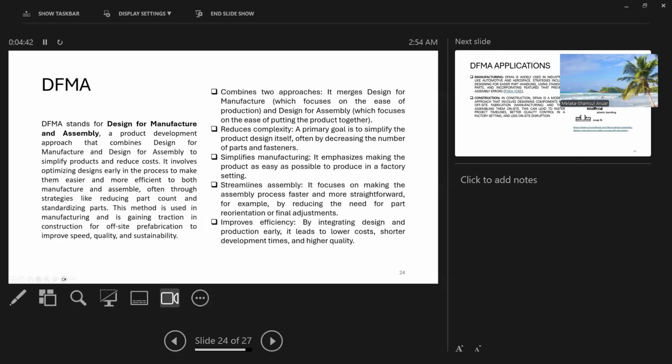So many other concerns can be focused on, but this one restricts it to manufacture and assembly. So the aim is to reduce complexity in the product design, which in turn simplifies the manufacturing, the fabrication part, and also contributes to streamlining the assembly line.